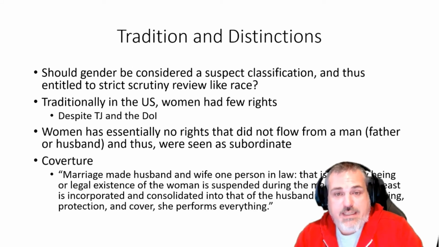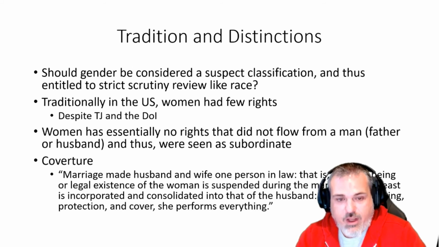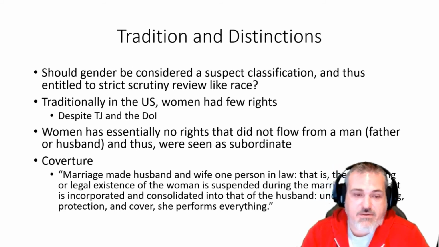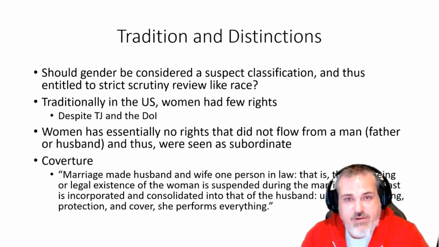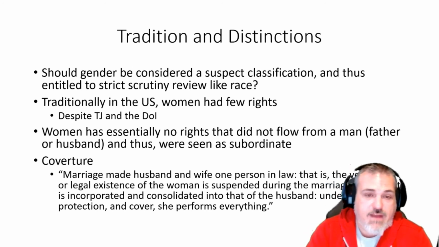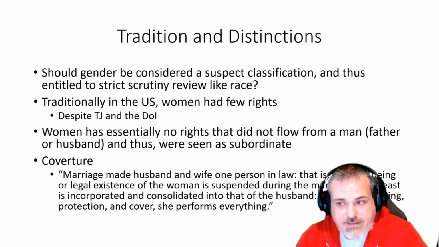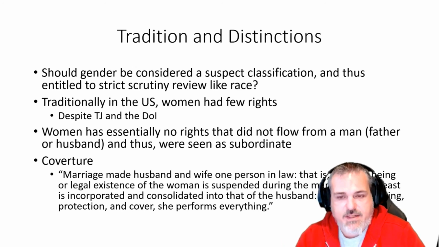This was the legal standard in the United States for women largely until the 1950s, 60s, and 70s. So from our founding through at least the 1970s, in some states, this was the governing doctrine.